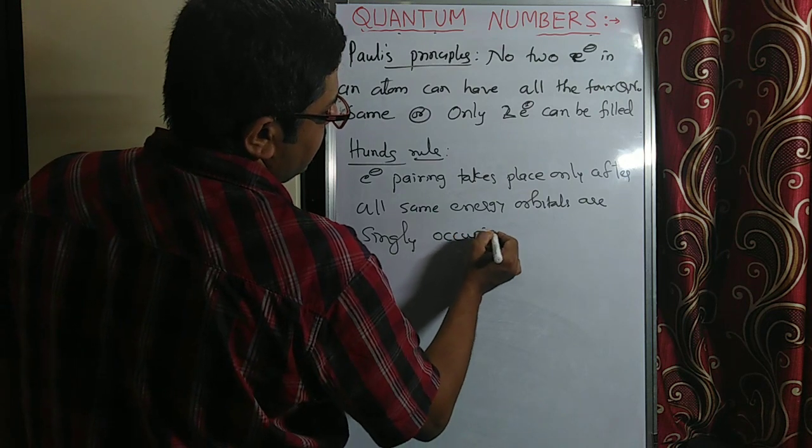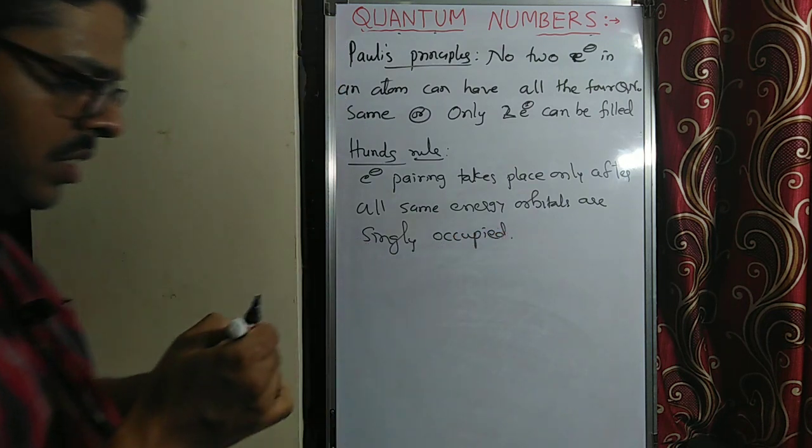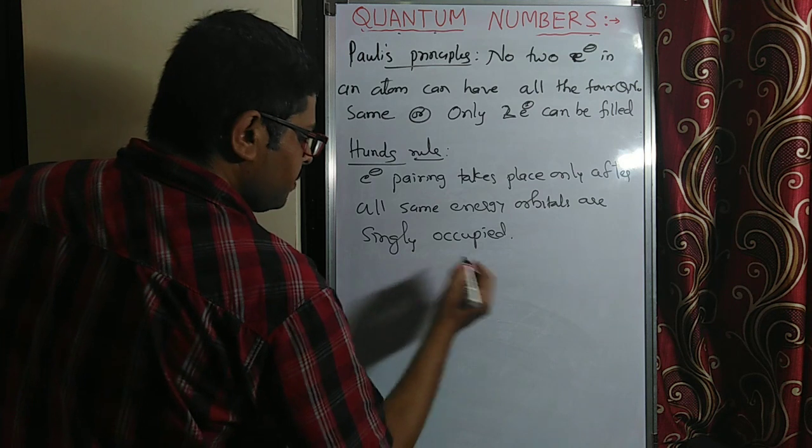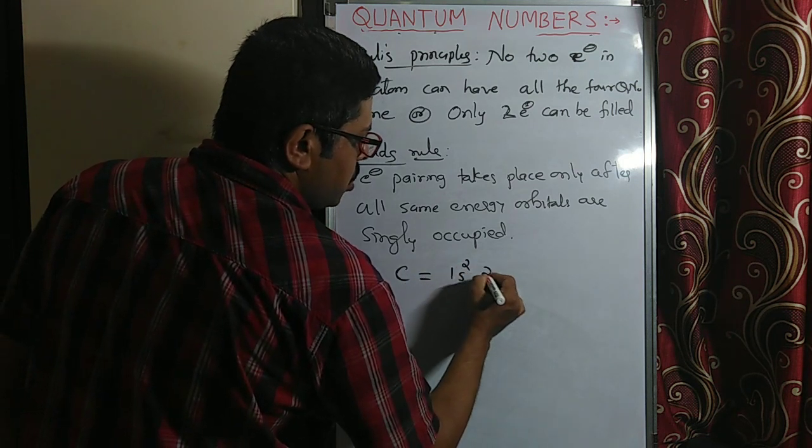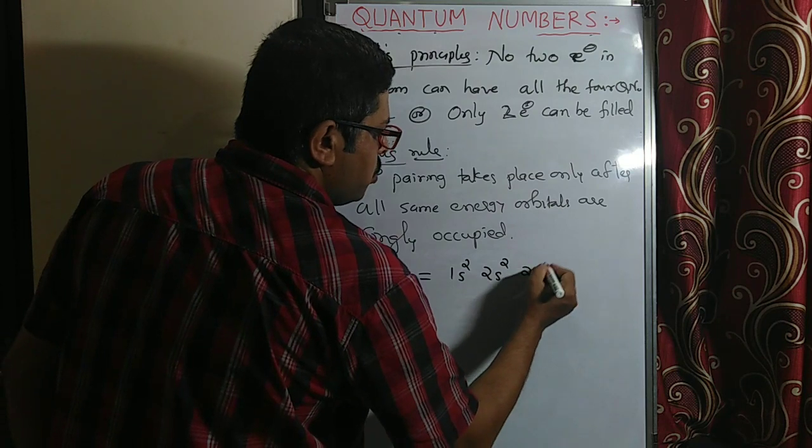What is that? Singly occupied. Then what is the meaning of this? See here. If it is carbon, we will write 1s2, 2s2, 2p2.